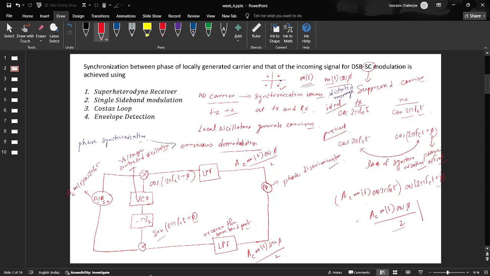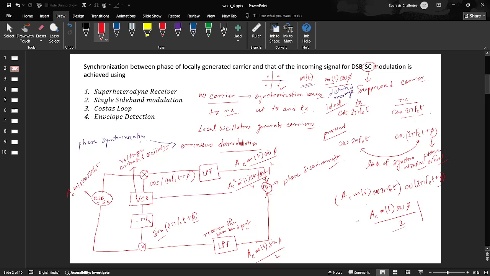The name sounds quite heavy, but what it basically does is multiply both these signals. So what we are getting here is Ac² m²(t) cos φ sin φ over 4. That is basically what this phase discriminator is generating.